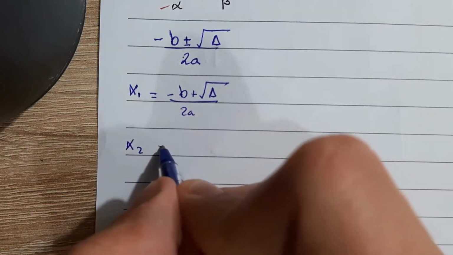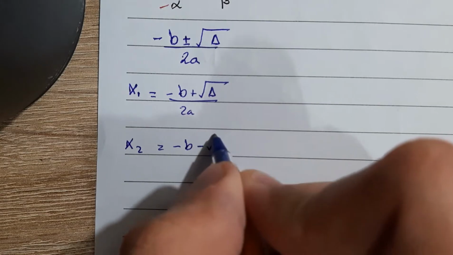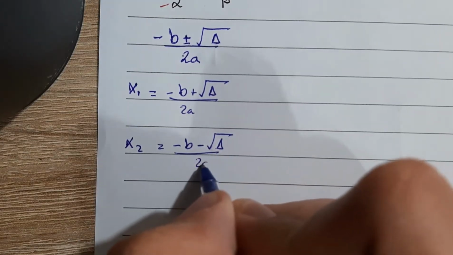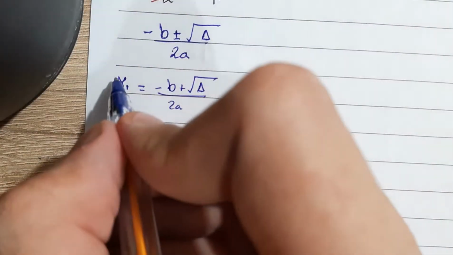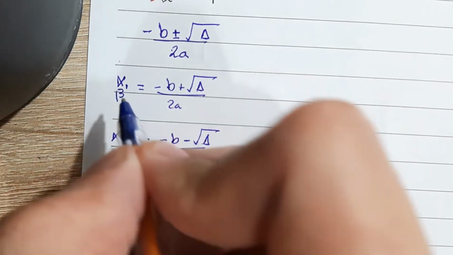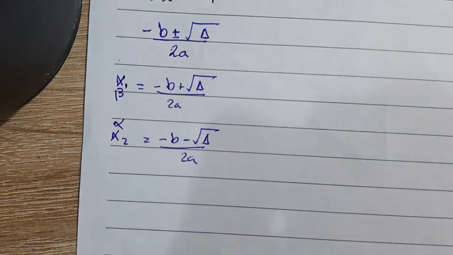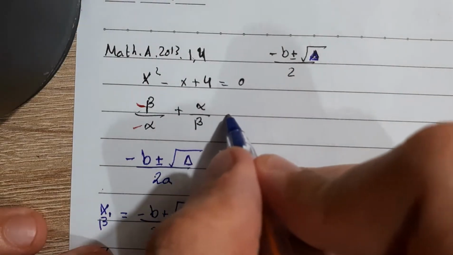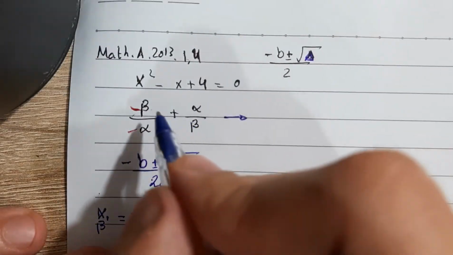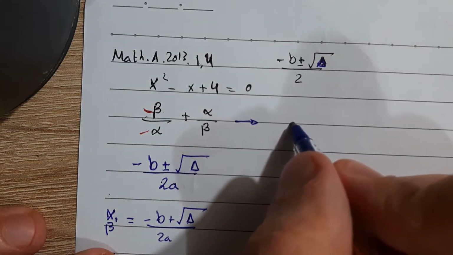And x2 is equal to minus b minus theta. He called this one beta and this one alpha, right? So same thing. We can do a few things, but first let us play with the one that we need to solve. Let us make it more beautiful.